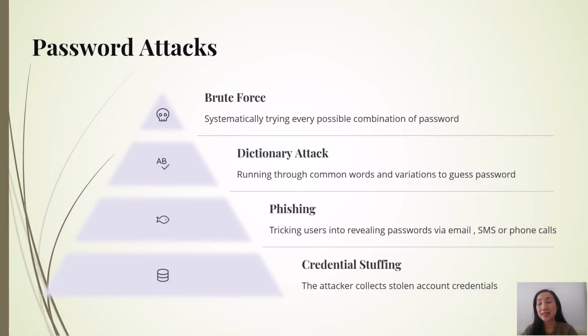Password attacks. A brute force attack consists of an attacker submitting many passwords or passphrases with the hope of eventually guessing correctly. The attacker systematically checks all possible passwords and passphrases until the correct one is found.